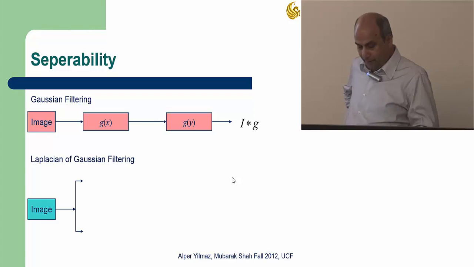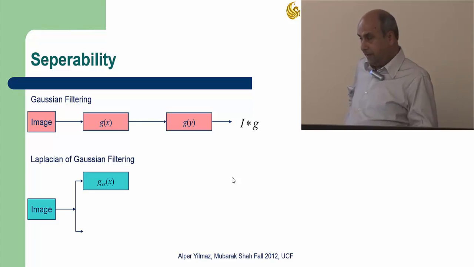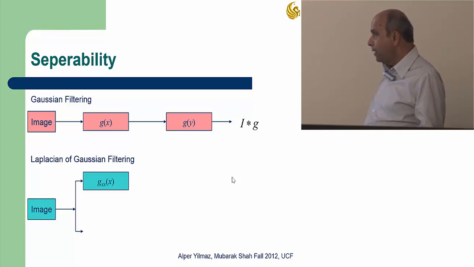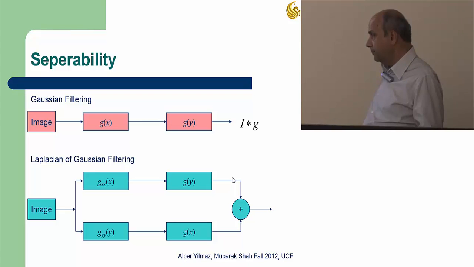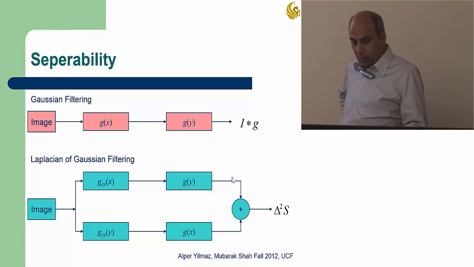That's a Gaussian. The Laplacian of Gaussian filter is separable in 4. You take the second derivative Gaussian, apply in x, then apply just Gaussian in y, and then apply second derivative Gaussian in y, then apply just Gaussian in x and add it up. And that's the same as Laplacian of Gaussian.